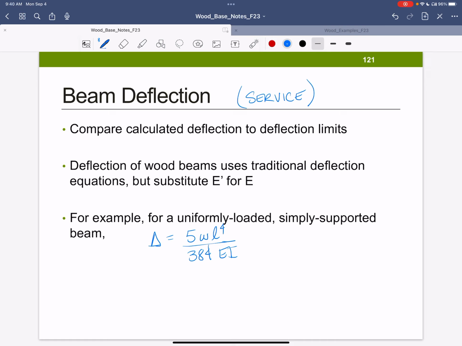Obviously, w is the uniform load, L is span, and always watch units on these things because there's a lot of inches and feet mixed up, and you've got the EI term. The difference is this is going to be E prime. Okay, so we'll talk about that. Everything in wood, we have to have the prime to adjust it for the given situation.